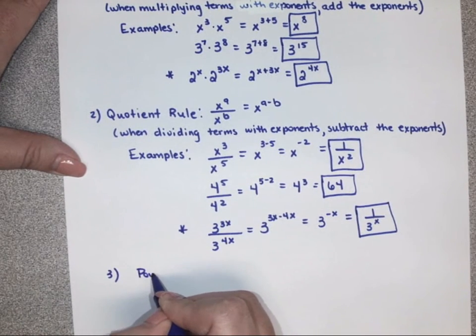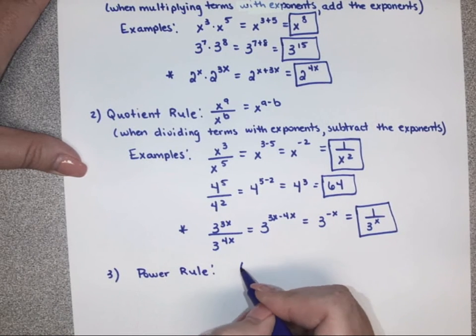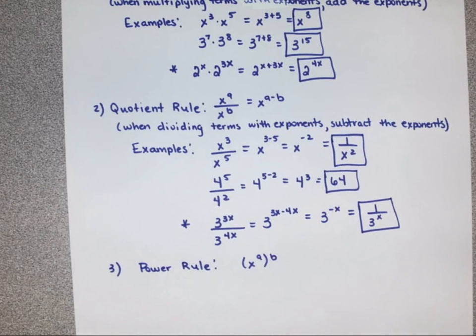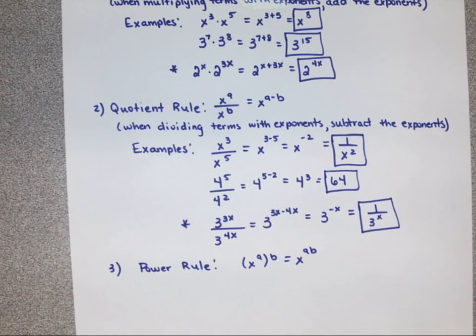And then lastly, we'll talk about this one a little more in depth, the power rule. So this is for when you have a power raised to another power. So what did I tell you to do with the exponents? Multiply them, so it'll be x to the AB power.